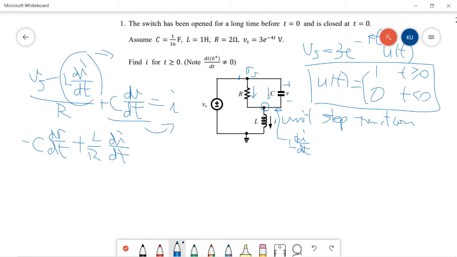Also we have this term, so we have plus I equals Vs over R.